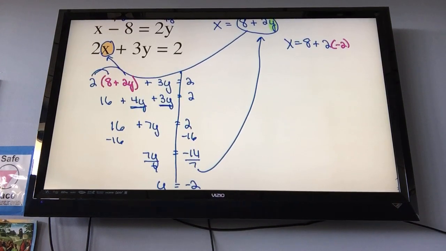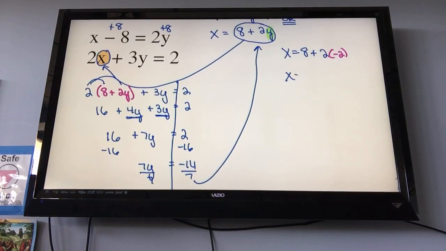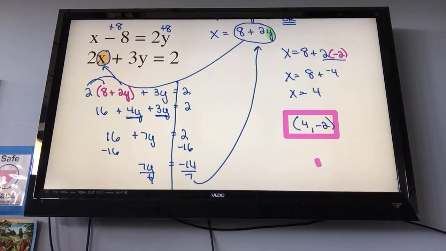Makes sense. Okay, so I go back to my substitution equation now and I plug that in. So I have 8 plus negative 4, 2 times negative 2, and that's a positive 4. My ordered pair answer is 4, negative 2.